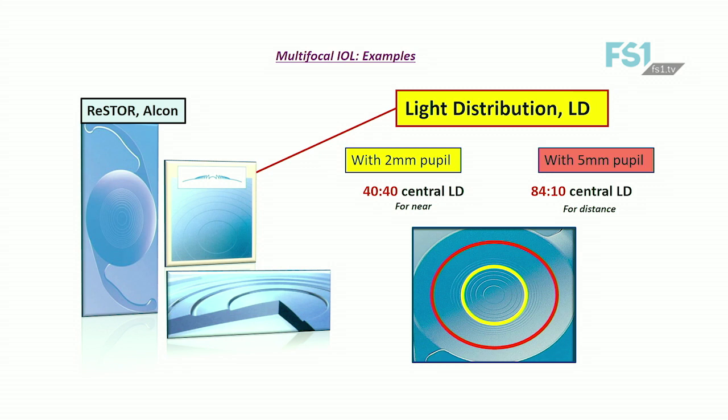This provides a smooth transition between near and far vision and also responds to pupil size. For example, at night when the patient is driving, the pupil dilates and provides focused vision at distance, for more distance dominance across the lens.